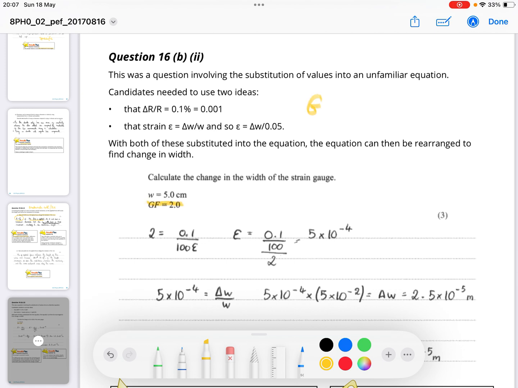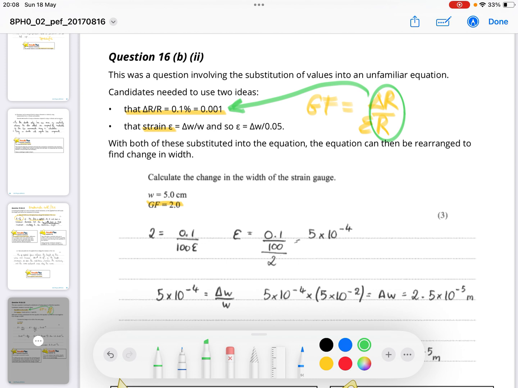They've given you GF equals delta R, change in resistance, over R with strain in there. Okay? So we know delta R is 0.0001, delta R over R. So we know this value is simply that.